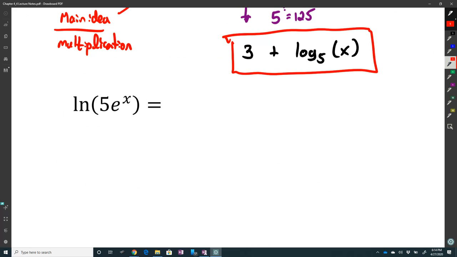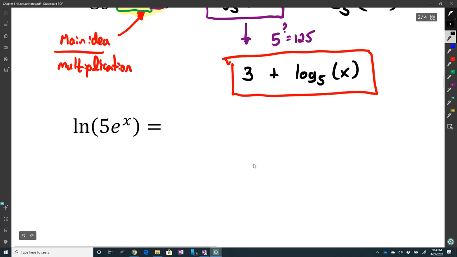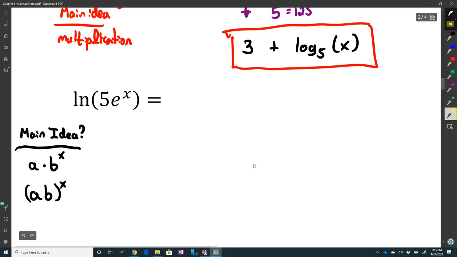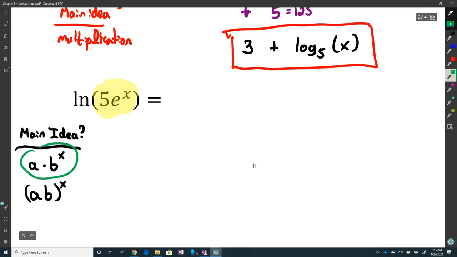So I'm looking at this one. Again, we have to look at it and see what's the main thing happening. All right, so here, you have to notice, is this a times b to the x, or is it ab to the x? If you look at what's here, it's actually a times b to the x.